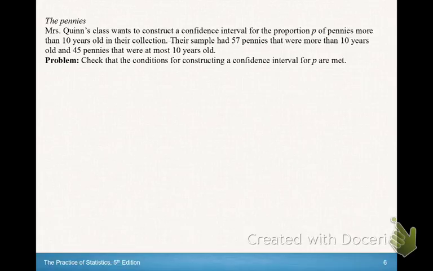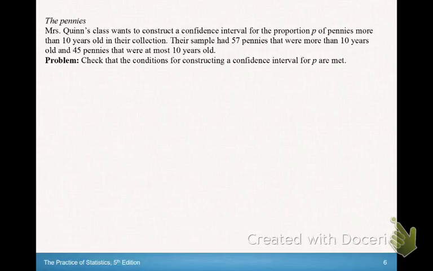So here we go. We have this problem. We're supposed to check that the conditions for constructing a confidence interval for p are met. In this problem, it says Mrs. Quinn's class wants to construct a confidence interval for the proportion p of pennies that are more than 10 years old in their collection. Their sample had 57 pennies that were more than 10 years old and 45 pennies that were at most 10 years old.